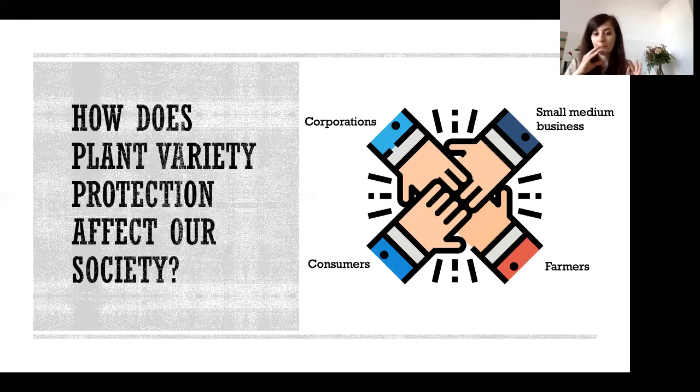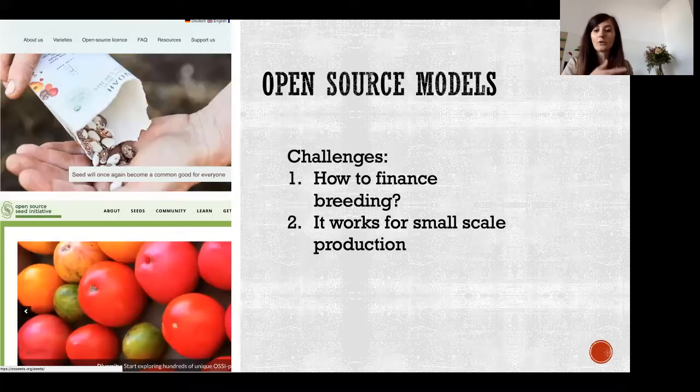The problem with biodiversity is that sometimes it has been argued, and there are different studies, that patents on plants and plant variety rights on plants seem to promote a uniform type of agriculture, not biodiversity.